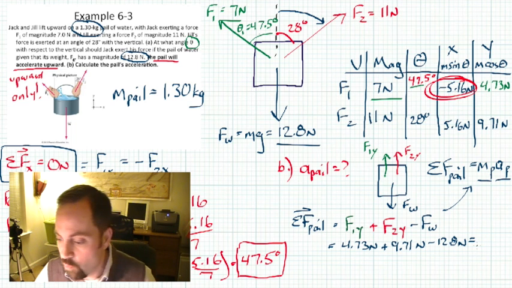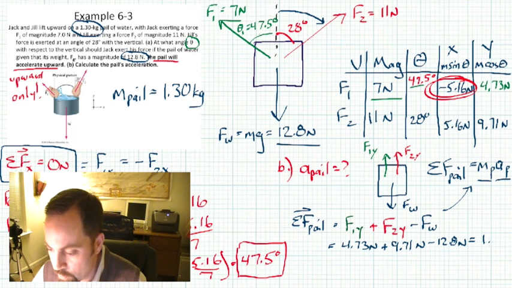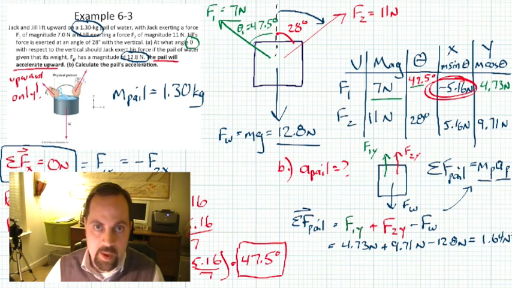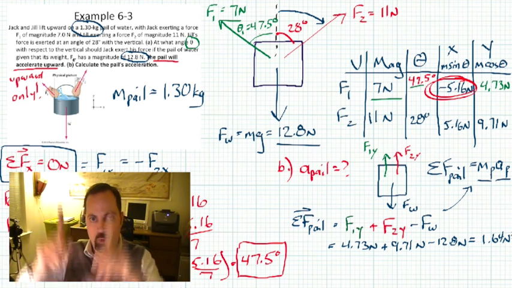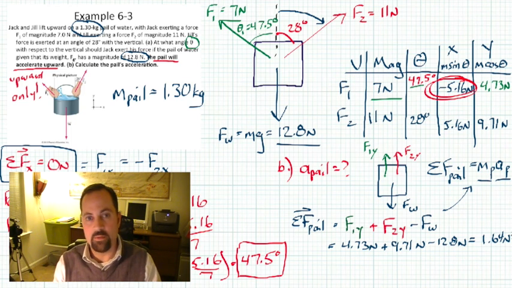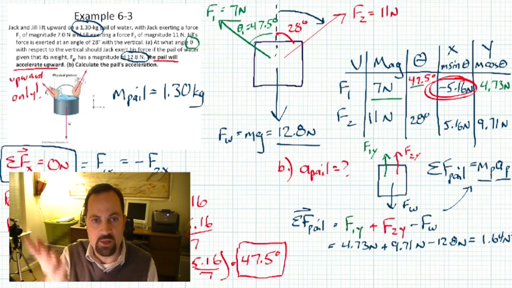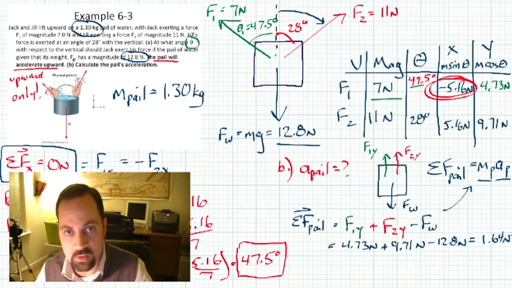There's a net force of 1.64 newtons on that pail because Jack and Jill are both pulling upwards. Gravity's pulling downwards, and they're pulling just a little bit more than gravity is, and so it's going to move upwards. That's good to know.